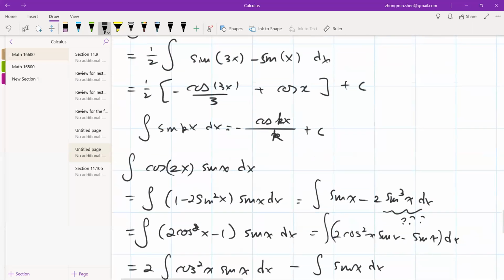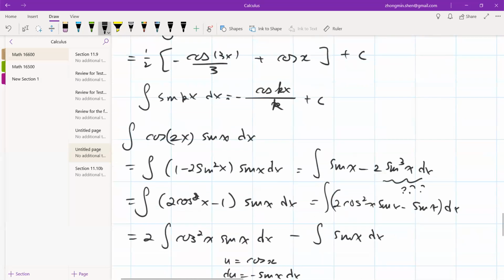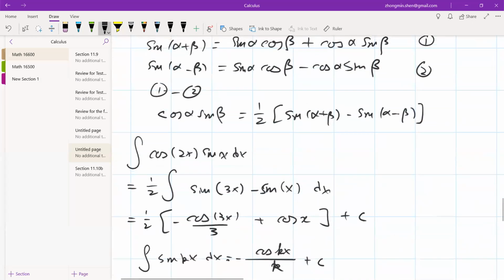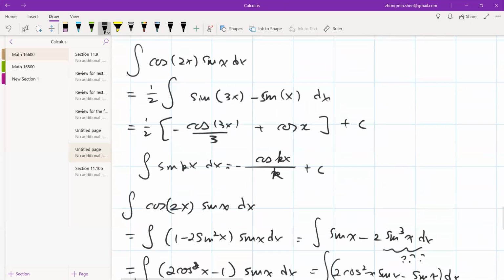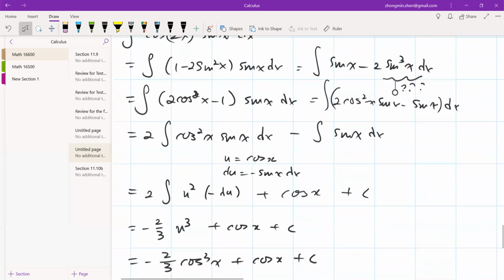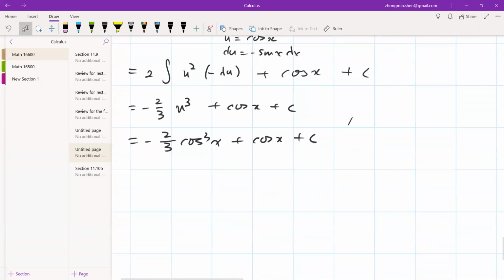So this is also going to be negative 1 over 6 cosine 3x plus half of cosine x plus another constant. Okay, so that's it.